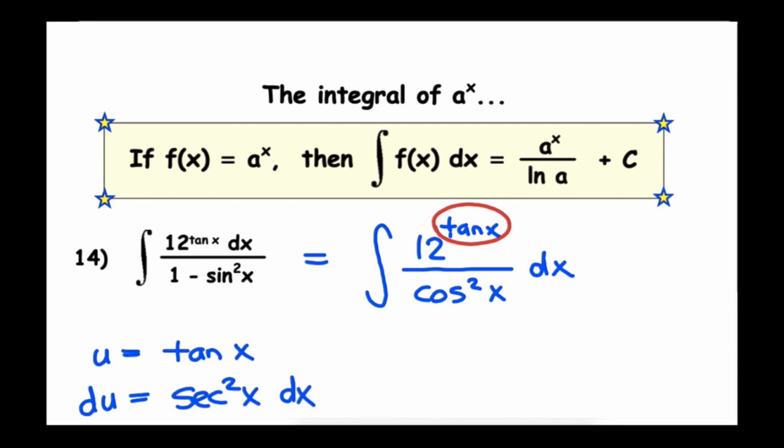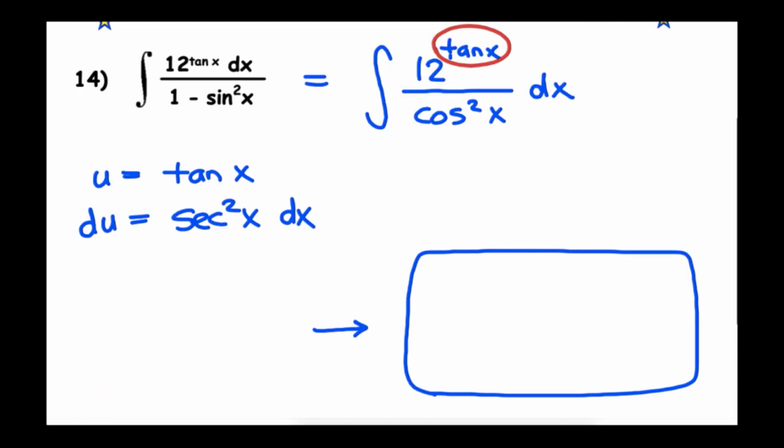Let me give myself a little bit more room here. There, that's better. And that's simply going to become the integral of 12 to the u du, because we have a secant squared. It's 1 over cosine squared. And again, the beauty of the u sub is that a problem that looked pretty terrible when we first started now looks super easy.